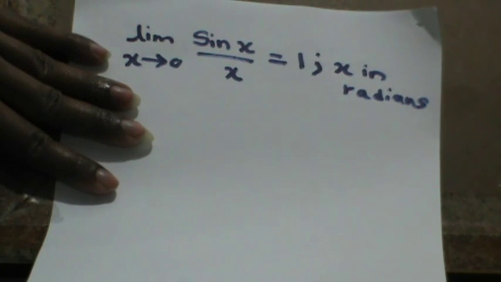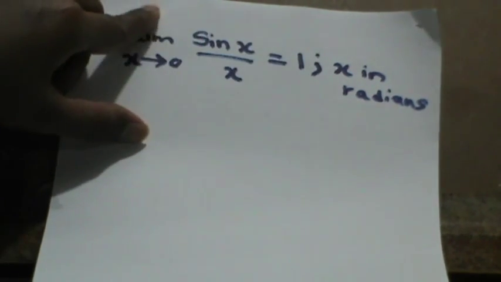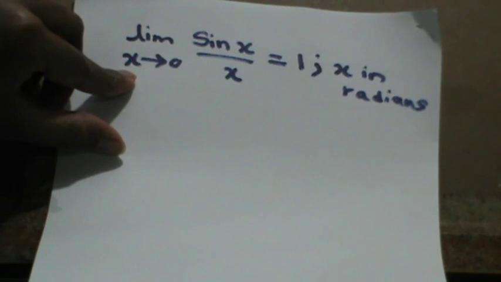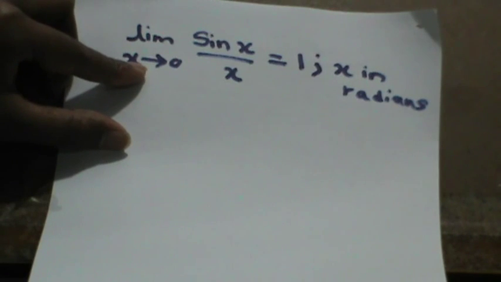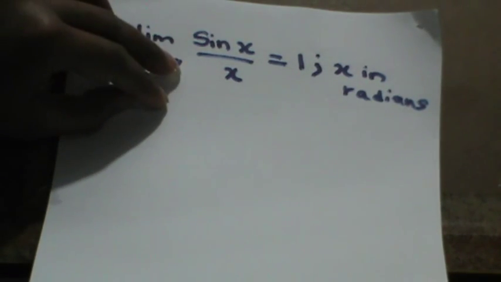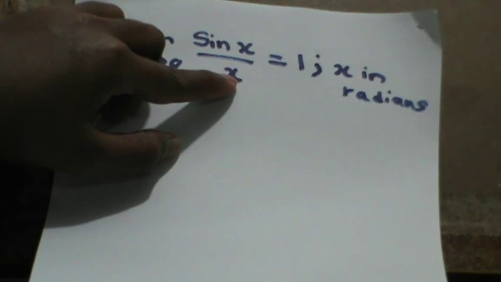As in that theorem, what happens here is that when x goes to 0, the value of sine x divided by the same angle, both in radians, is equal to 1.